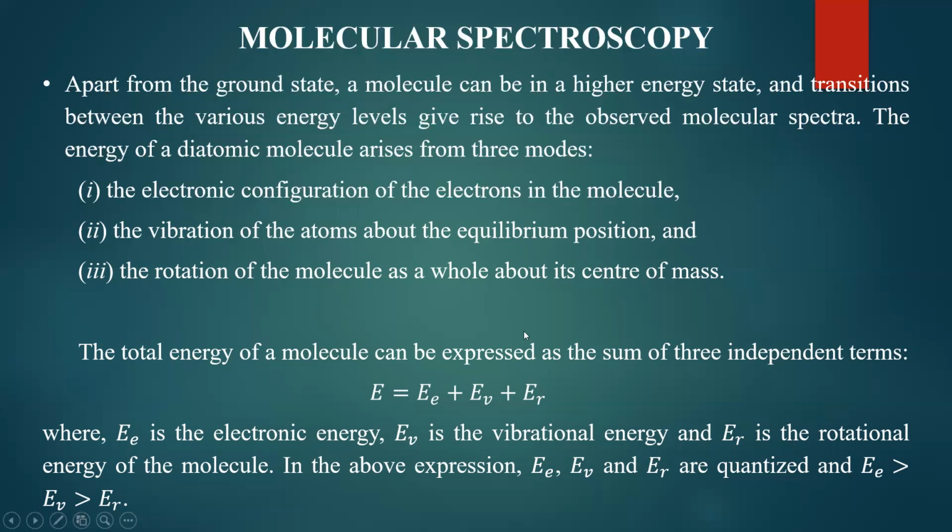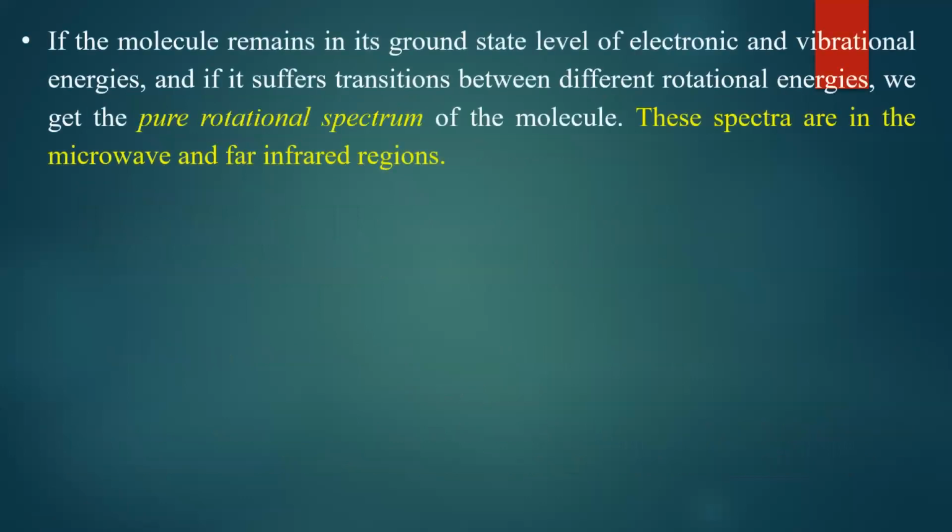In comparison with these three modes of motion, let us consider the rotational motion. If the molecule remains in the ground electronic and vibrational levels, and it suffers transition between different rotational energies, we get the pure rotational spectrum.